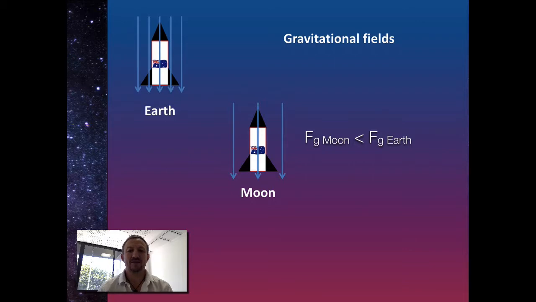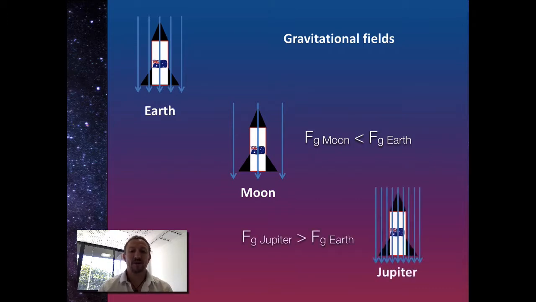So we can see that the gravitational force is less on the Moon than it is on the Earth, which means that we're going to spend more time in the air if we're jumping. But likewise, if we go to Jupiter, you can see that we've almost doubled the number of field lines per specific area. So as a result, we can see that the gravitational field strength for Jupiter is going to be a lot larger than we're going to get on Earth.